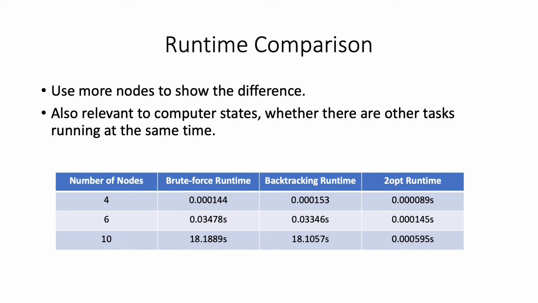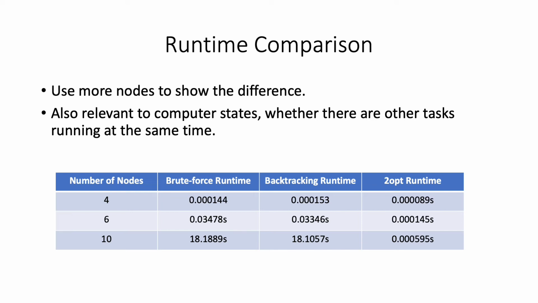When the number of nodes is large, the backtracking runtime is better than brute force. But when the number of nodes is relatively small, the backtracking is approximately the same as brute force runtime.